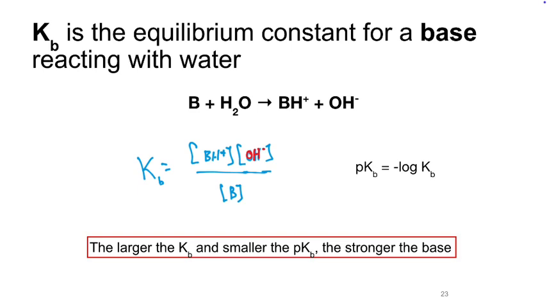Okay? Deciding which one to go through and use is going to have a lot to do with the presence of hydroxide or H3O+. If you're saying hydroxide, you're going to want to look at a Kb. They may give you a Ka, but you want to look at a Kb. So how can you convert that Ka into the Kb? If you don't remember, that's okay.